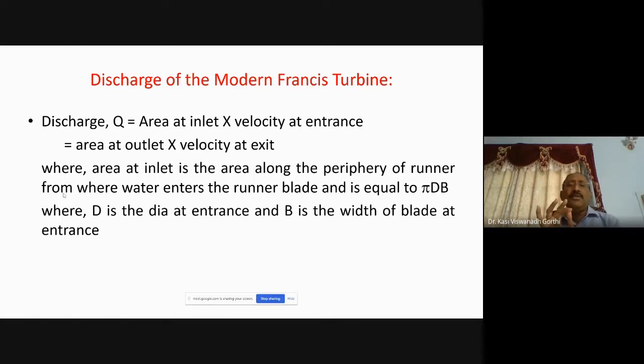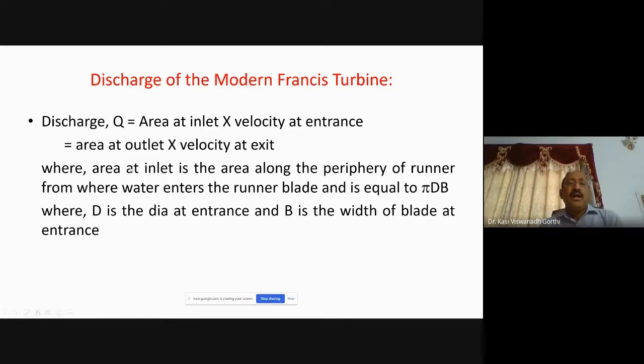Then computed values are capital D, the diameter of the runner at inlet, capital D1, the diameter of the runner at exit, then B, the breadth of the runner at inlet, the breadth of the runner at outlet B1, then vane angles alpha, theta, beta, and phi. If this is completed, then we say that it is the hydraulic design of the modern Francis turbine runner.